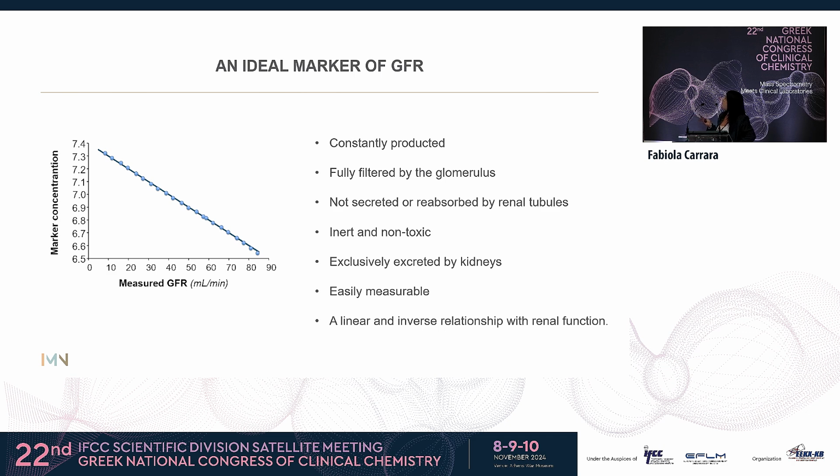An ideal marker of glomerular filtration rate should be constantly produced, fully filtered by the glomerulus without secretion or reabsorption by renal tubules, should be safe and without extrarenal clearance, and the method for quantification of the concentration of the marker should be simple, easy to perform, and provide accurate and robust results. Moreover, the relationship between the concentration of the marker and the measured GFR should be linear and inverse.